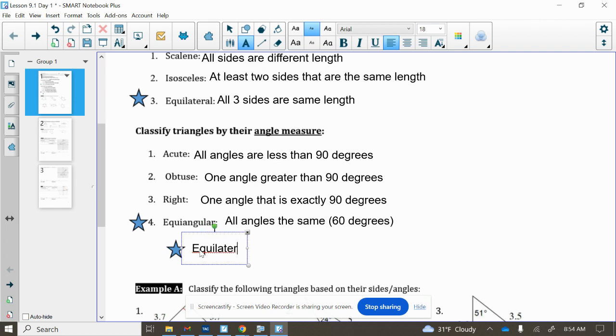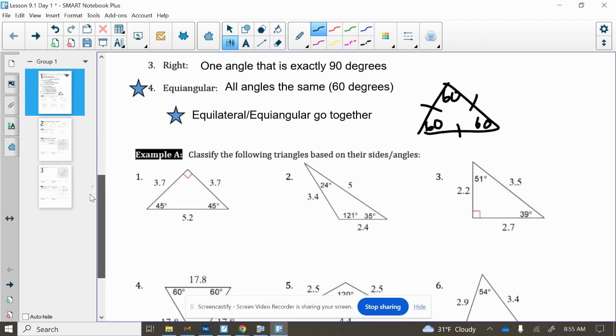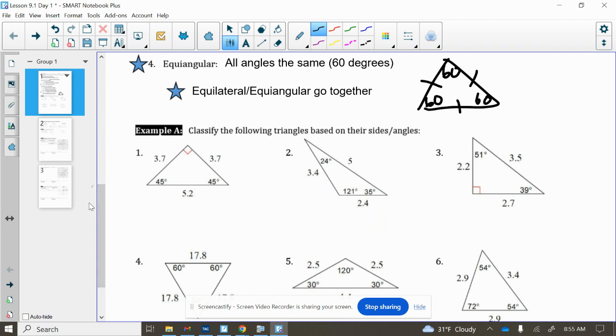So if one of them is equilateral, it is by force equiangular and vice versa. We know from previous units that if this is happening, all of these angles are going to be 60 degrees as a result.